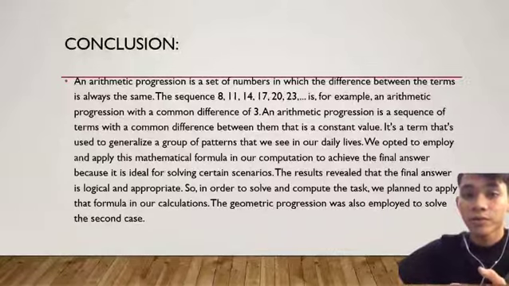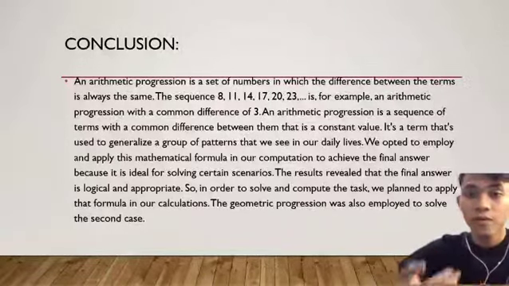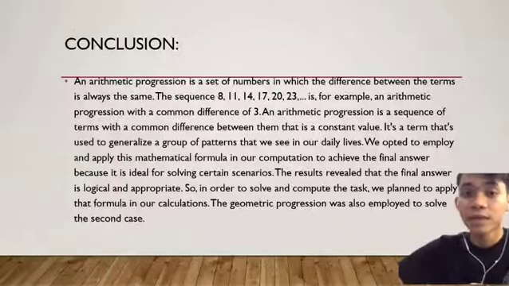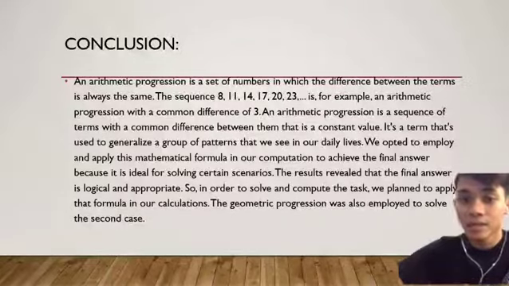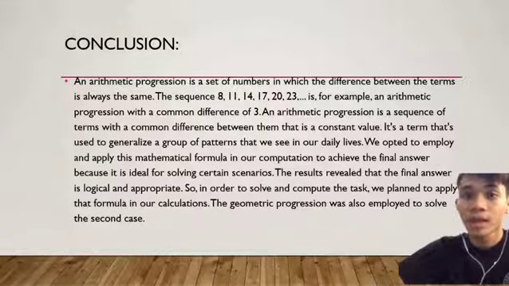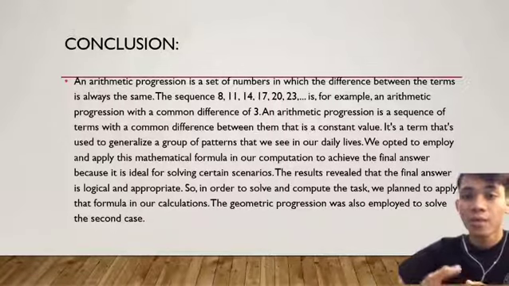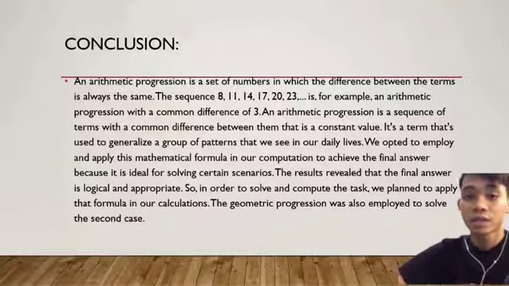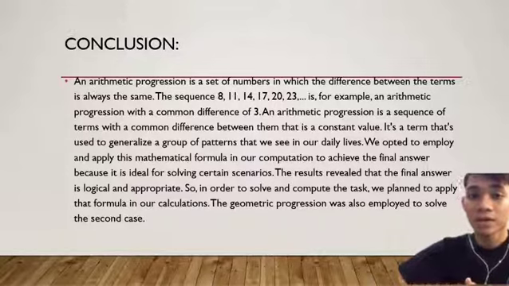We opted to employ and apply this mathematical formula in our computation to achieve the final answer. The results reveal that the final answer is logical and appropriate. So, in order to solve and compute the task, we plan to apply that formula in our calculation. The geometric progression was also employed to solve the second case.